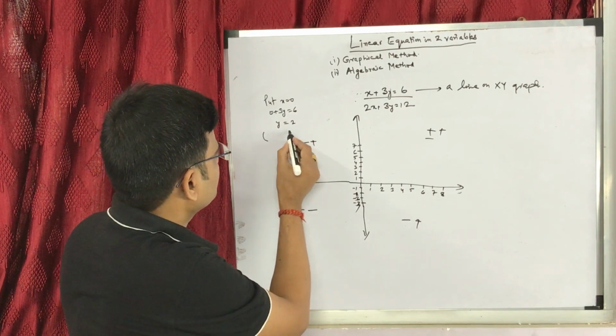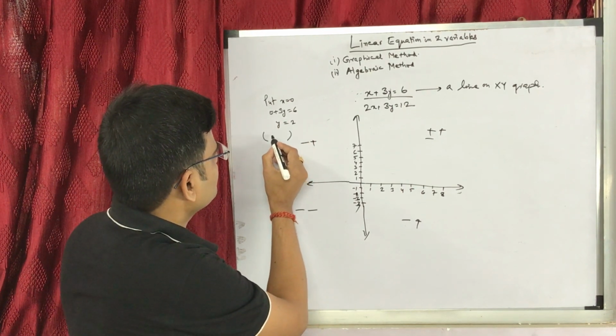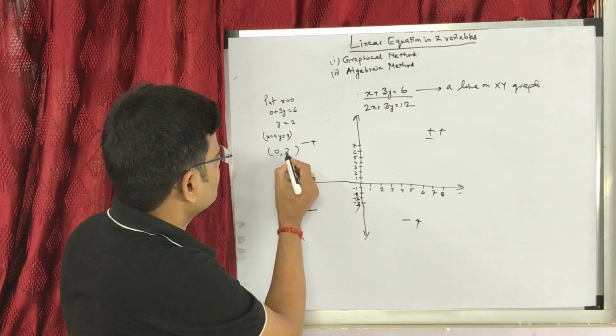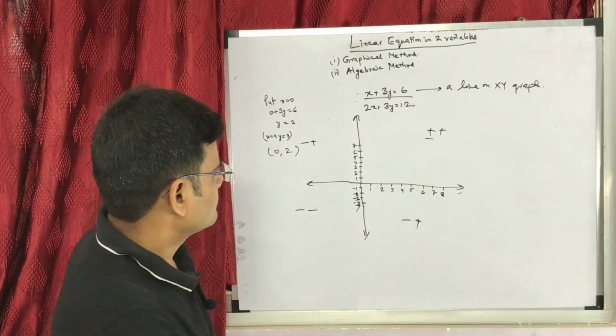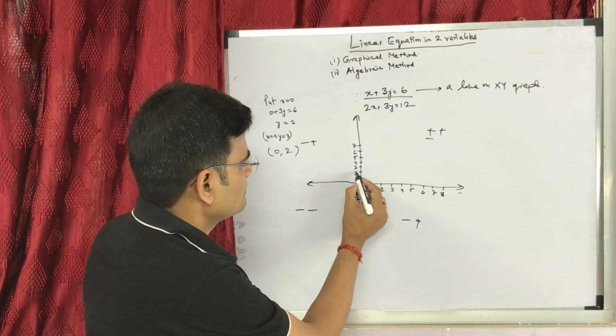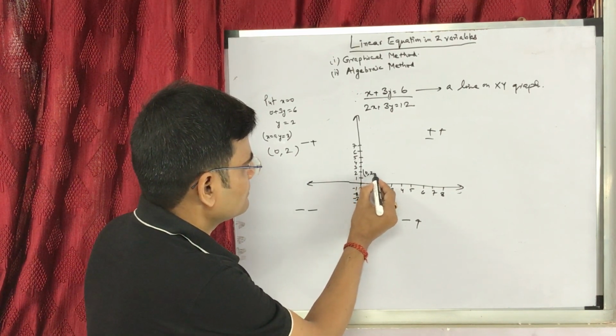So there is one point on the line where x equals 0 and y equals 2. The coordinates are 0, 2. So this is 0, this is 2, so this point is 0, 2.